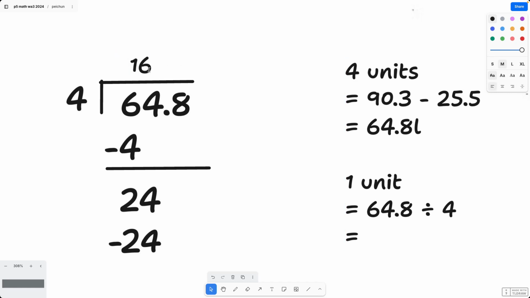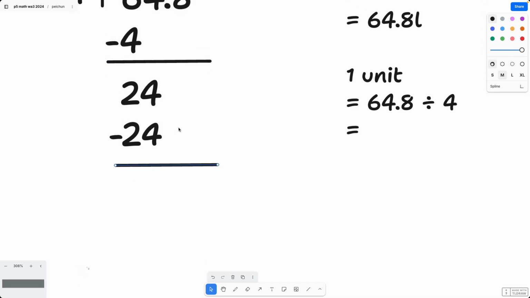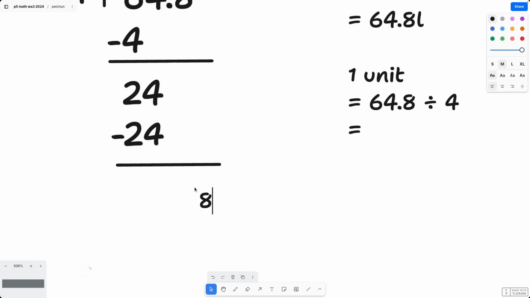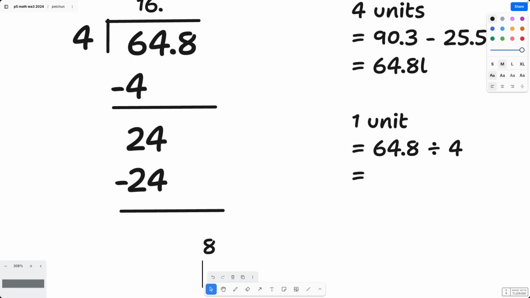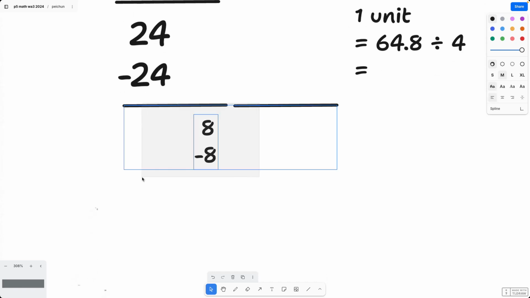And then the last part is we bring down 8, right? So 8 over here. So we can actually minus 4 from 8, so minus 8, and this will give us 0 in this case.